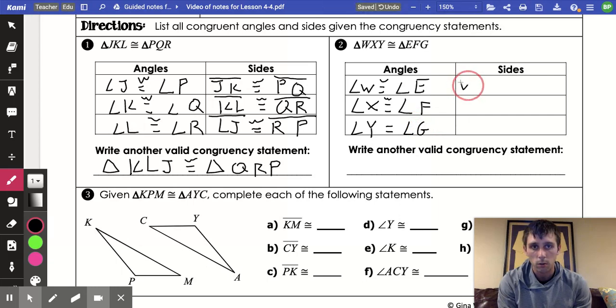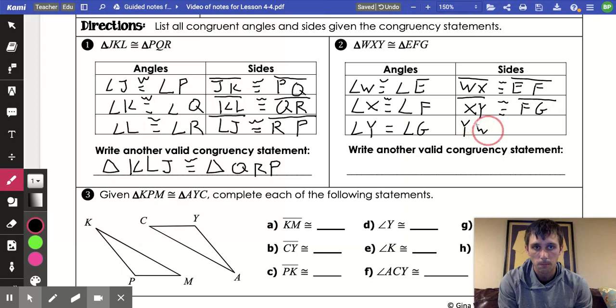So the first one, WX is congruent to EF. Then we have XY congruent to what? What's the middle and the last one on the other one? FG. And then the last one, YW, is congruent to GE.